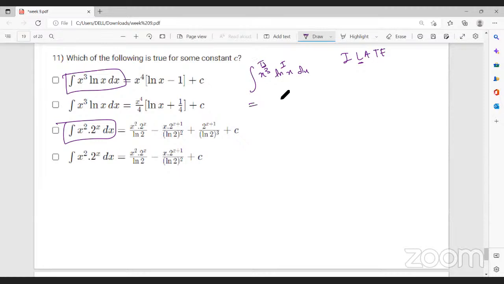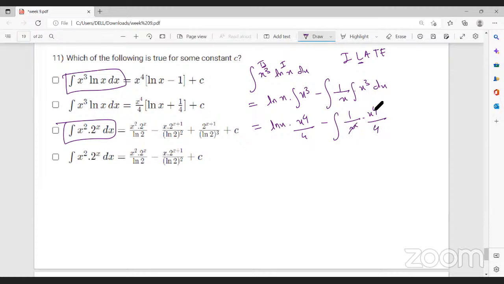Yes. Then same rule: take the first function as it is, integrate the second function, that is x cube, minus integral of derivative of the first function, that is 1 by x, and integral of x cube, dx. So here, ln of x times x to the power 4 by 4, minus integral of 1 by x times x to the power 4 by 4.